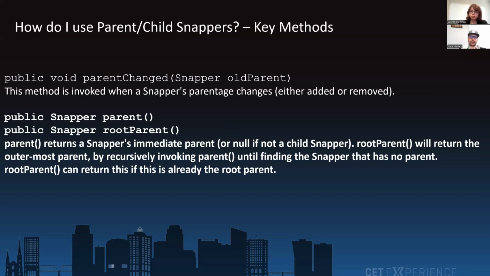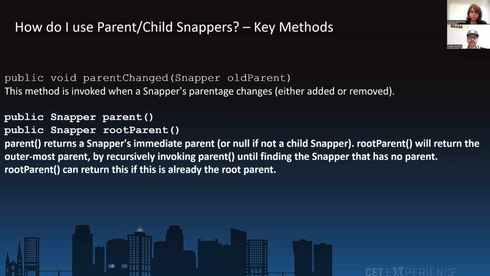Parent and root parent. So parent finds the immediate parent of a child, and root parent uses parent recursively to find the top level parent of the family tree, the matriarch, if you will.